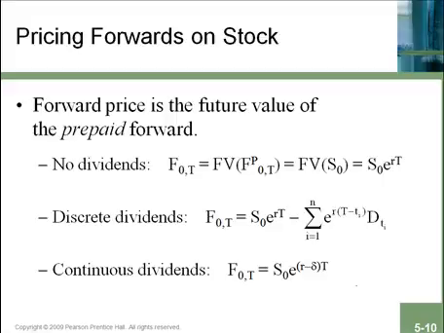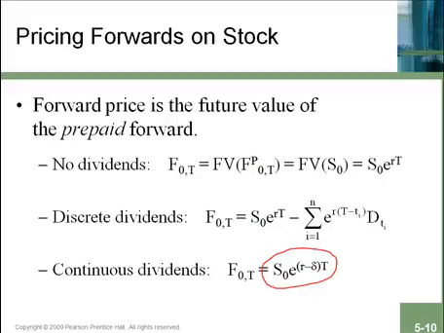Remember that if a stock pays a continuous dividend yield, then the formula for the forward price is S0 times e to the (r minus delta) t, where r is the home or domestic risk-free interest rate, and delta is the continuous dividend yield in the stock, and of course S0 is the spot price.